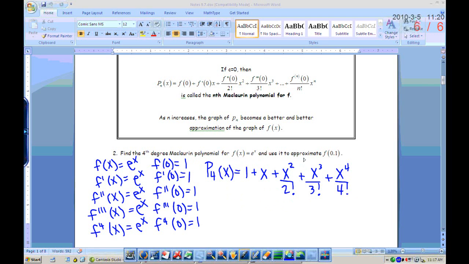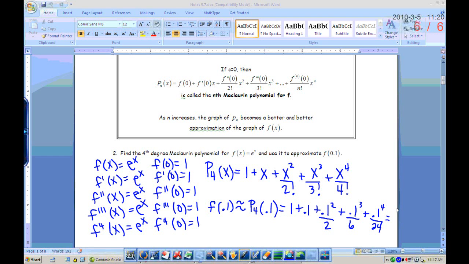Now I'm going to use this polynomial to approximate f of 0.1. So f of 0.1 is approximately P4 of 0.1, which would be 1 plus 0.1 plus 0.1 squared over 2 factorial, which is just 2, plus 0.1 cubed over 3 factorial, which is 6, plus 0.1 to the fourth over 4 factorial, which is 24.